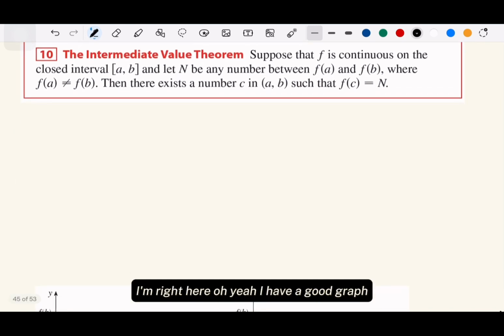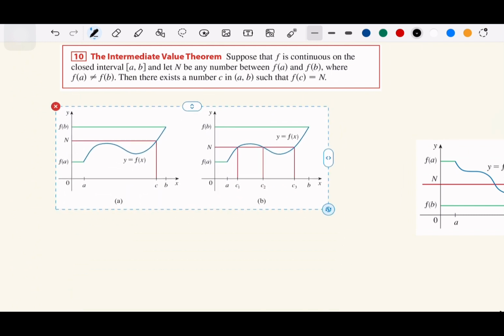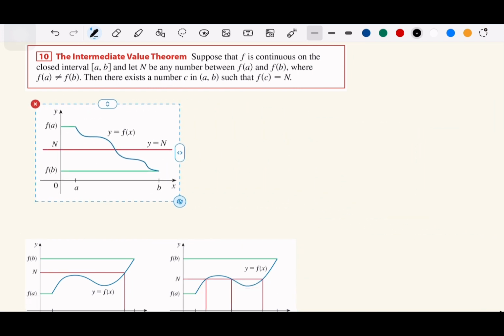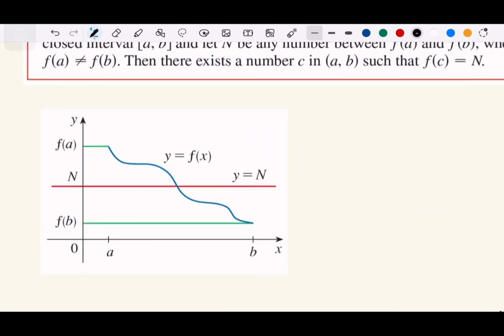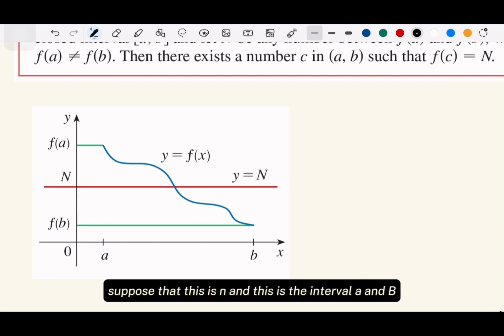So let me write here, oh yeah, I have the graph. Suppose that this is n, and this is the interval a and b.